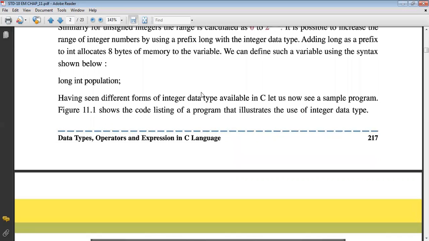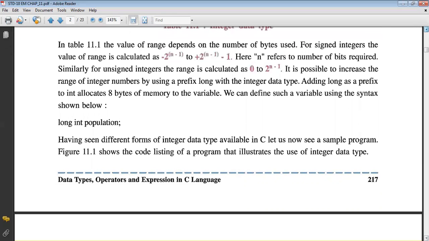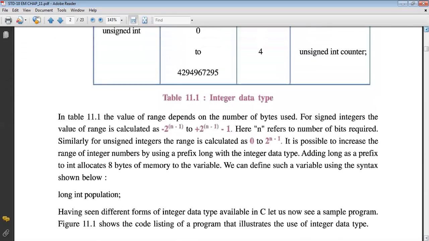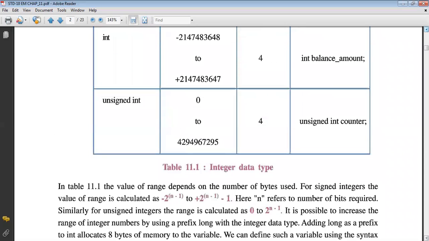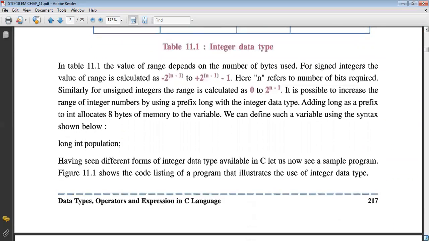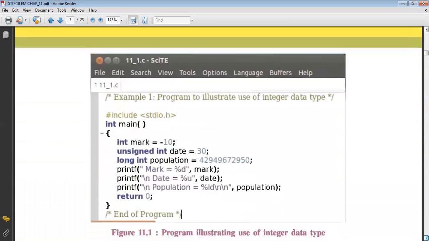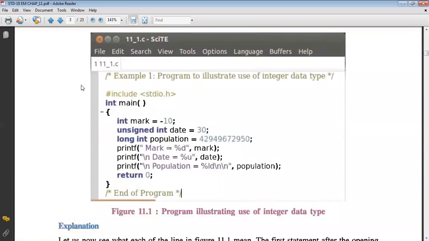Having seen the different forms of integer data type available in C, let's see a sample program. We see integer and unsigned integer. This is a simple program. Include stdio.h, integer main, integer marks equal to -10.